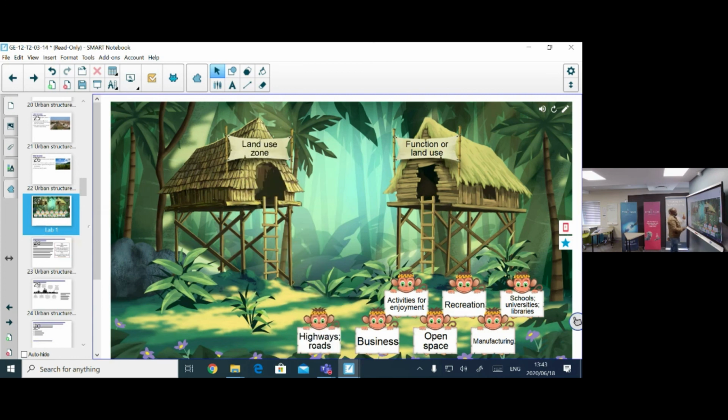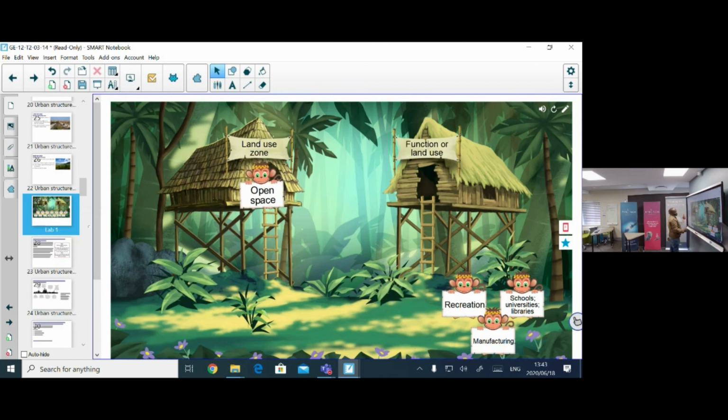Highways and roads. Refused. Then activities for enjoyment. Then we have business. Refused again. It has to be function or land use. Open space. It has to be land use.